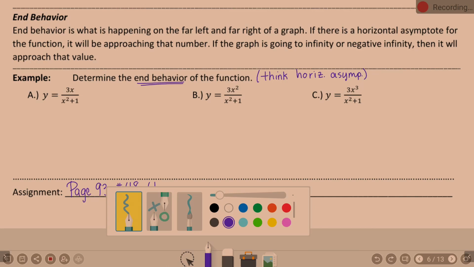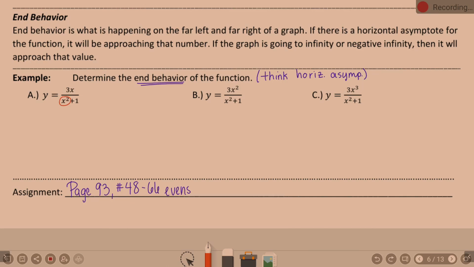Horizontal asymptote because biggest power is on bottom. Biggest power on bottom is x squared. What's the biggest power on top? X to the first. So since that biggest power is on bottom, we're going to have that asymptote of y equals 0.